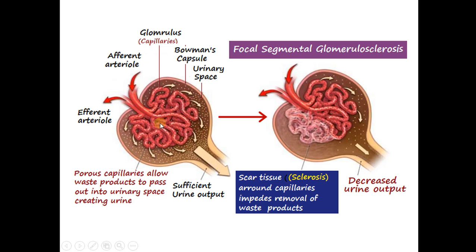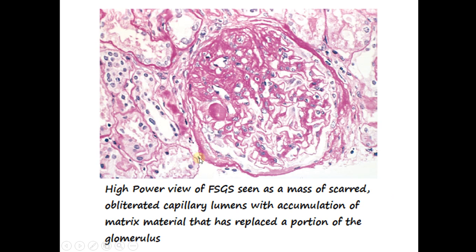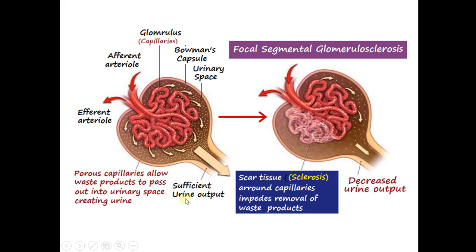In this picture, we can see a normal glomerulus, where the porous capillaries allow waste products to pass out into the urinary space, creating urine, and normally there is sufficient production of urine and the urine output is enough. But in FSGS, a considerable portion of the glomerulus is damaged and there is sclerosis around the capillaries.